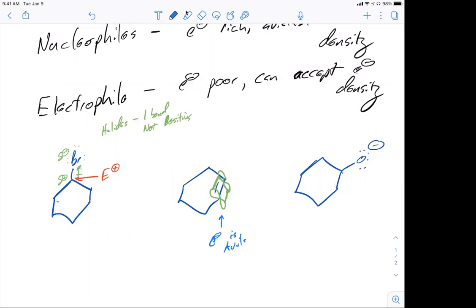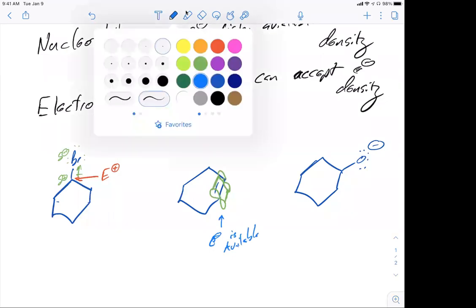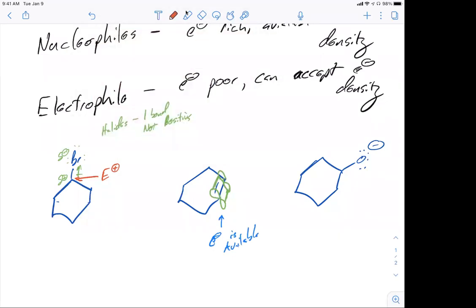The pi bond, a second bond, is weaker than a sigma bond. So a pi bond is weaker than a sigma. So therefore, this is available electron density, which means that this pi bond, this double bond, is a nucleophile.